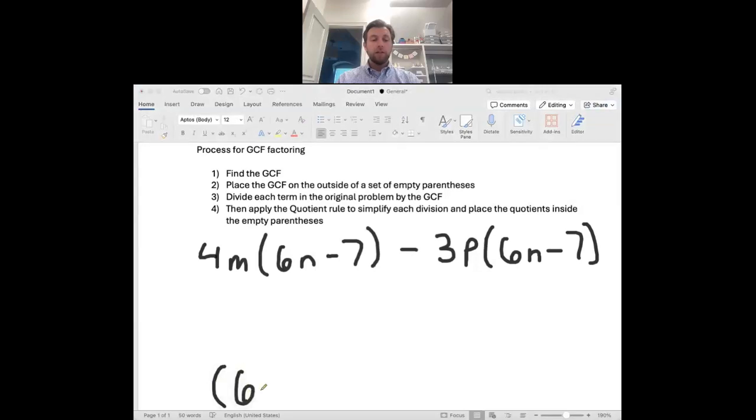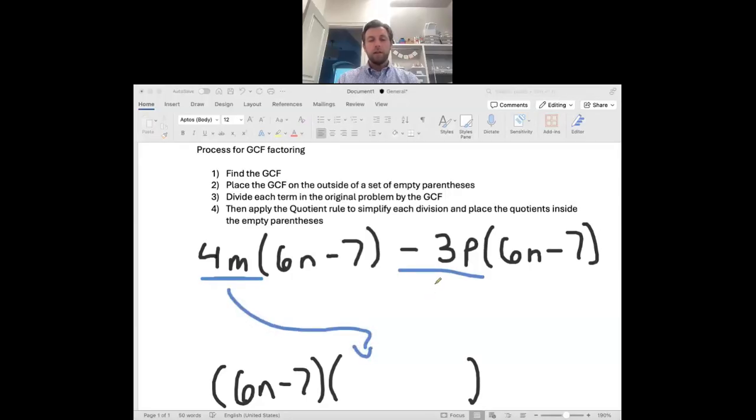So we put 6n minus 7 in front, keeping it in parentheses. And then just take the junk that's outside, the 4m and the minus 3p, and you put it inside. Giving us what?